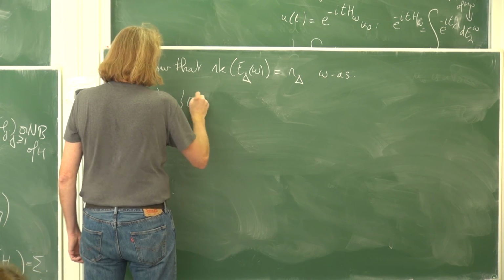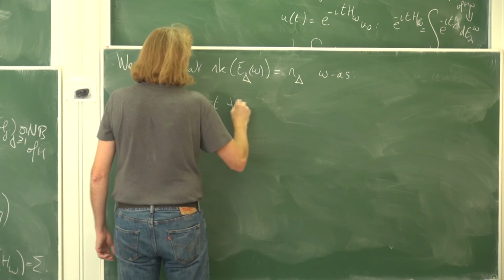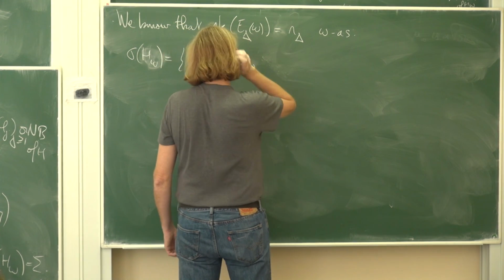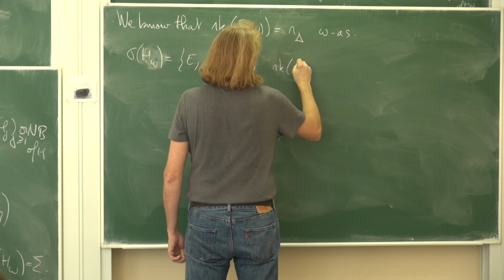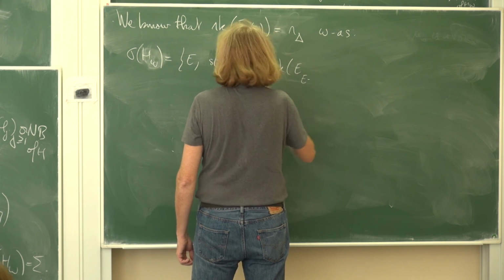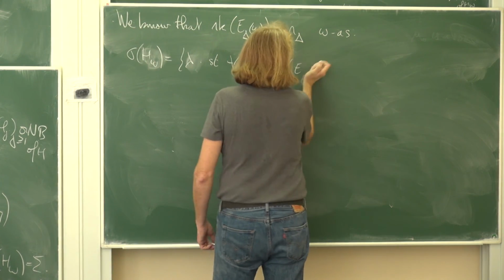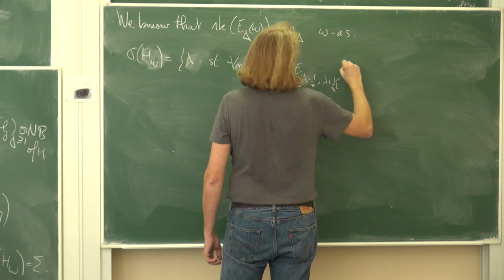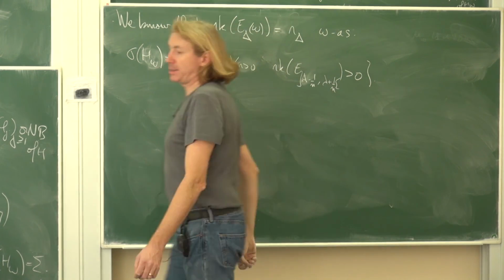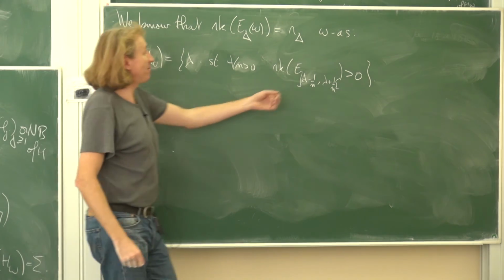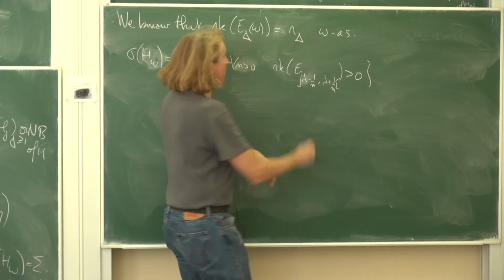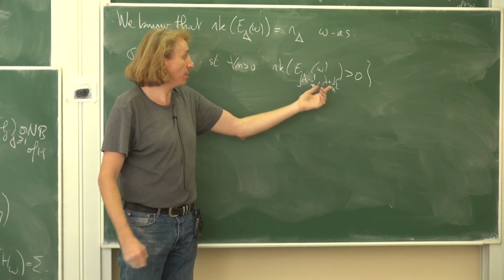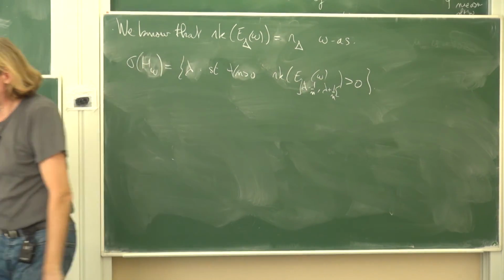Well, it's the set of points lambda such that for any n positive, the rank of E of the interval from lambda minus 1 over n to lambda plus 1 over n, for example, the open sets, is positive. And this is the spectrum. The spectrum is just the set of real numbers such that if you look at the spectral projector on any interval as small as you like, centered at this point, you get something which has positive rank.